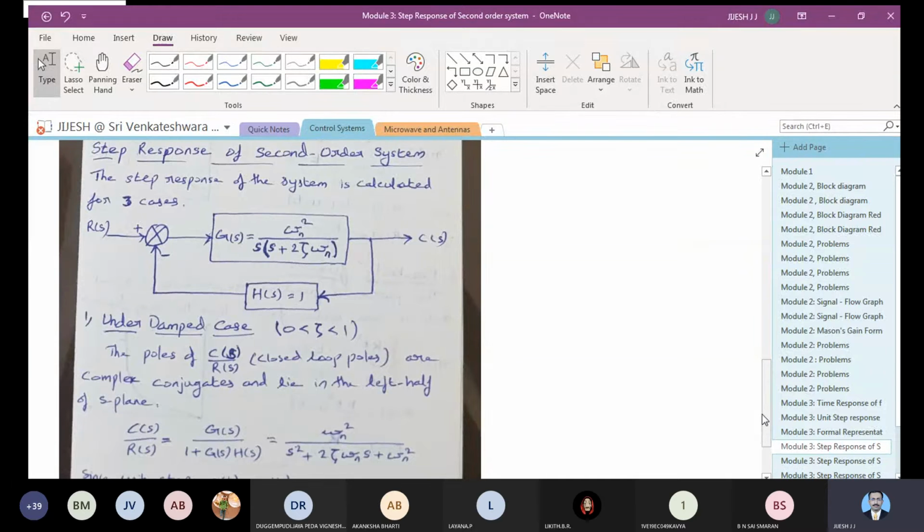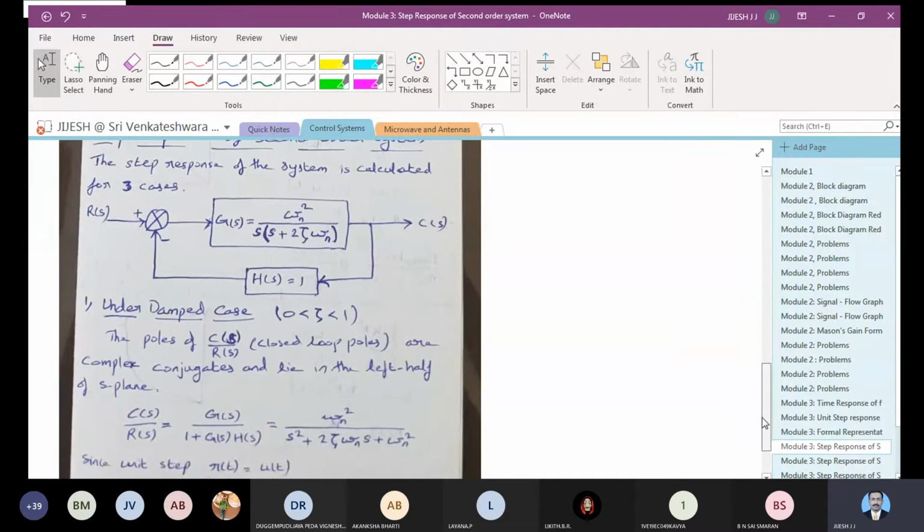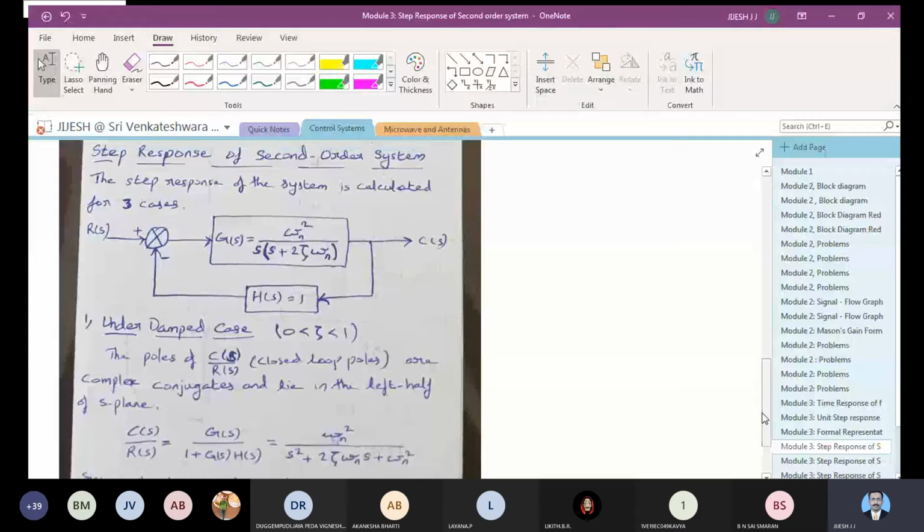In this underdamped case, we have a little bit of derivations to be solved. The underdamped case is the case when zeta value is between 0 and 1, so 0 less than zeta less than 1.